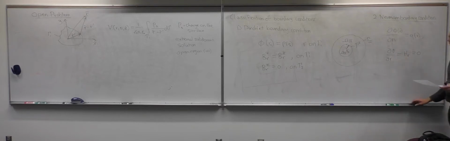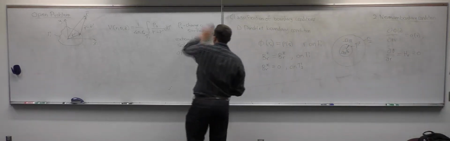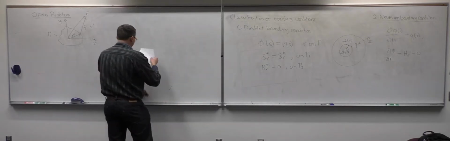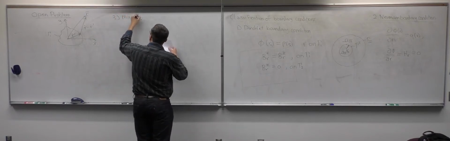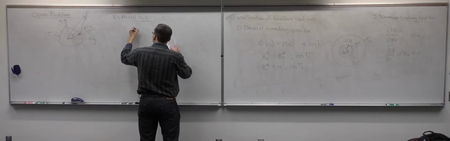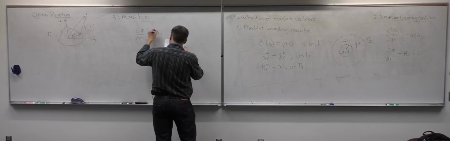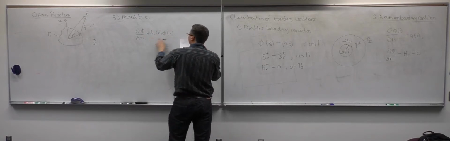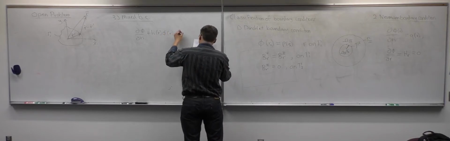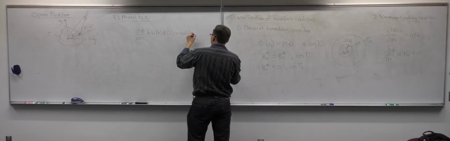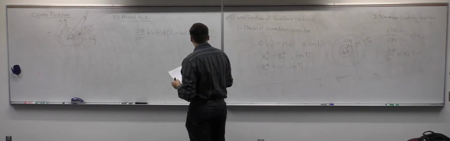And then the third type of boundary condition is just a mixed boundary condition. So you could have the derivative plus some scalar term, scalar equation, and so that could all be on some boundary gamma 1.